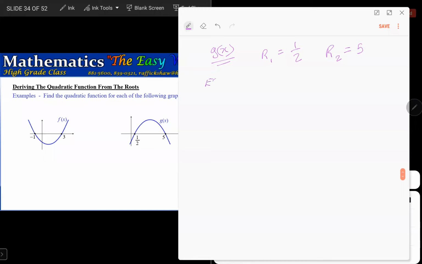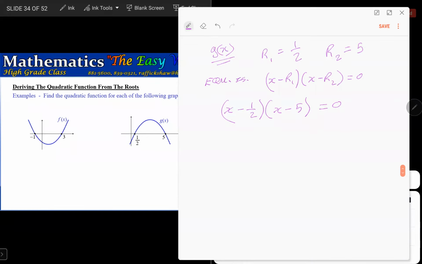So the equation is x minus r1 times x minus r2 equals 0. The equation would take that form. All right, and so it will be x minus half times x minus 5 equals 0.